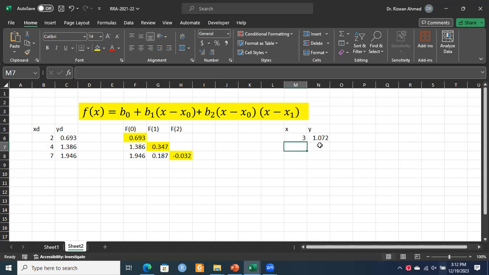So 1.072. So it seems to be between the values 0.693 and 1.386. So it seems the calculation is right. If you require a value at 5, it will work like pointers. The moment you change the value at this cell, the respective value of y will be obtained.